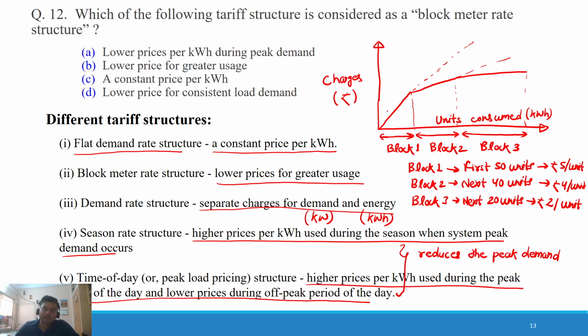And suppose there is no change in slope, then it tells about the flat demand rate structure. While in the block meter rate structure, the prices get lowered for greater usage.